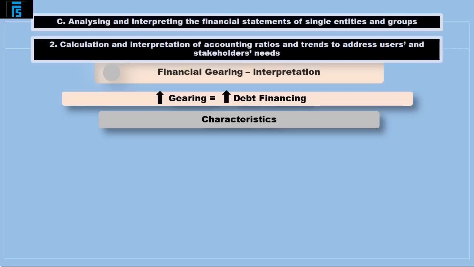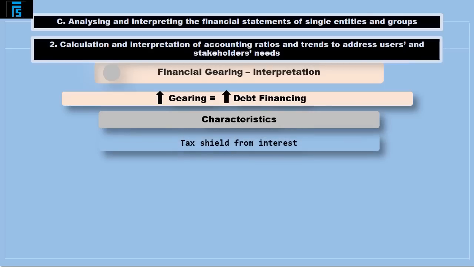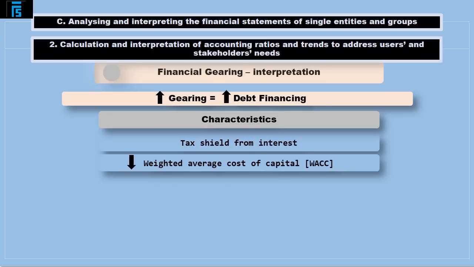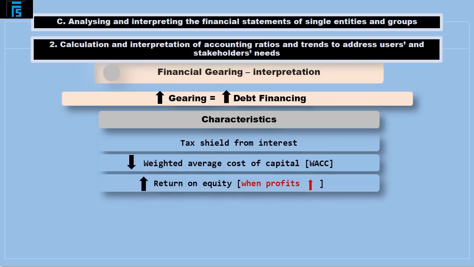Firstly, as compared to equity capital, debt is generally the cheapest source of financing, which is due to the lower risk faced by providers of debt, as well as the tax deductibility of interest payments. Accordingly, businesses which utilize debt in their capital mix tend to exhibit lower weighted average cost of capital levels. What is more, they also enjoy higher levels of return on equity in periods when revenue and profits are growing.